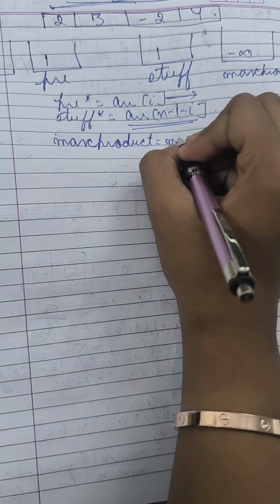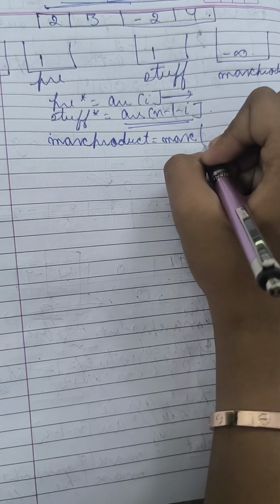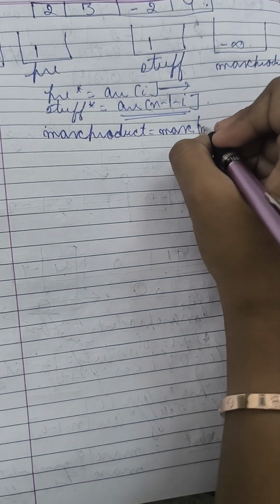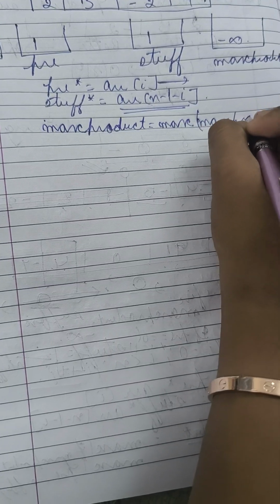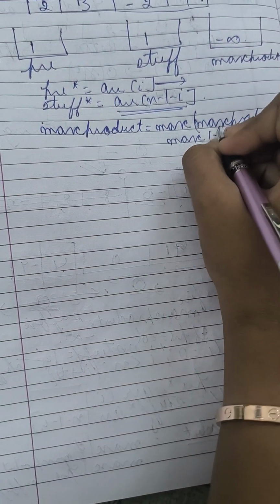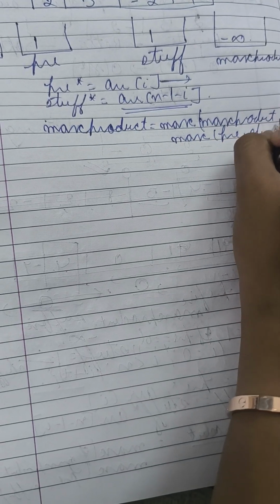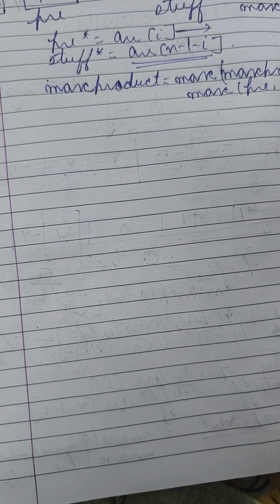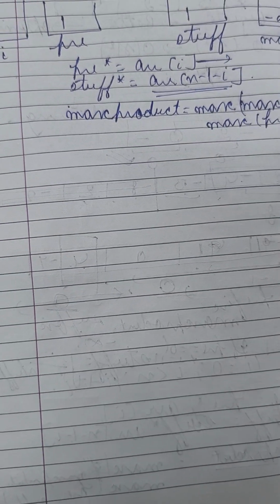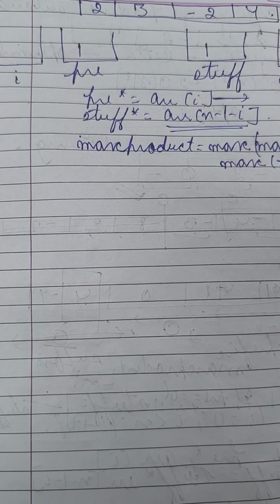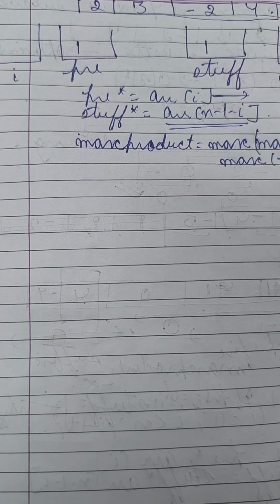So max product equals the maximum of max product and the maximum of pre and suff. And you would remember why I applied this case: if at any time pre equals 0, make it 1, and if suff equals 0, make it 1.